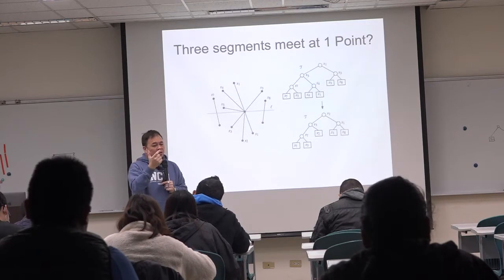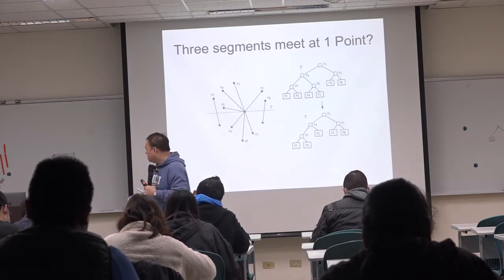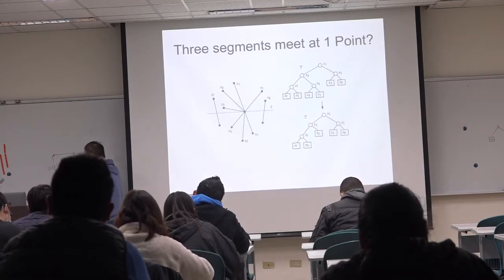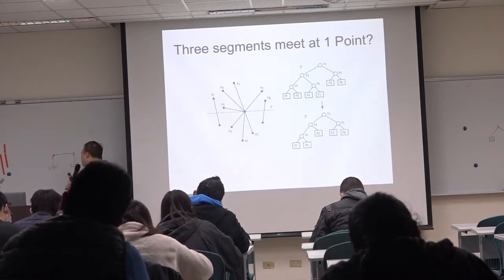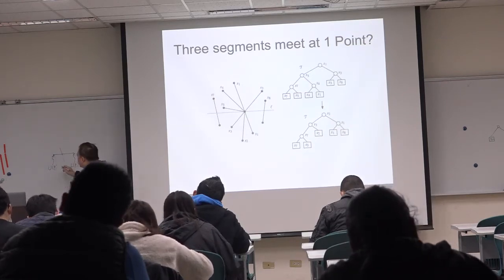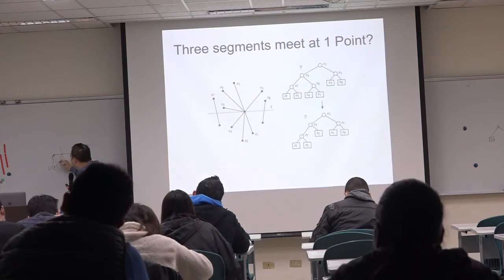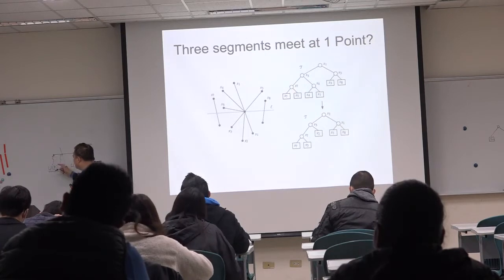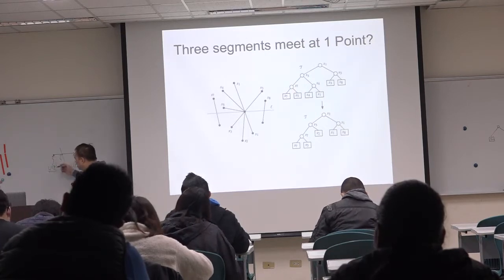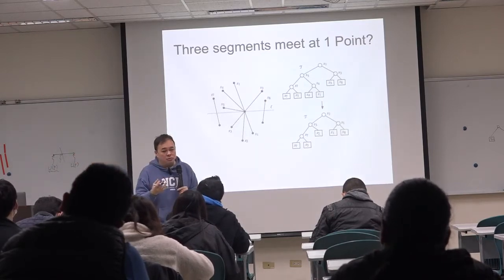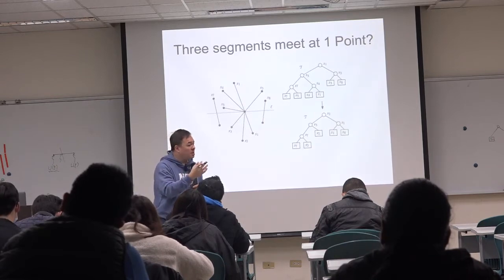If there's any event point that happens in between, let's say there's an intersection here, then this point will be found after we deal with the UP, and it will be inserted into the priority queue, the event queue.